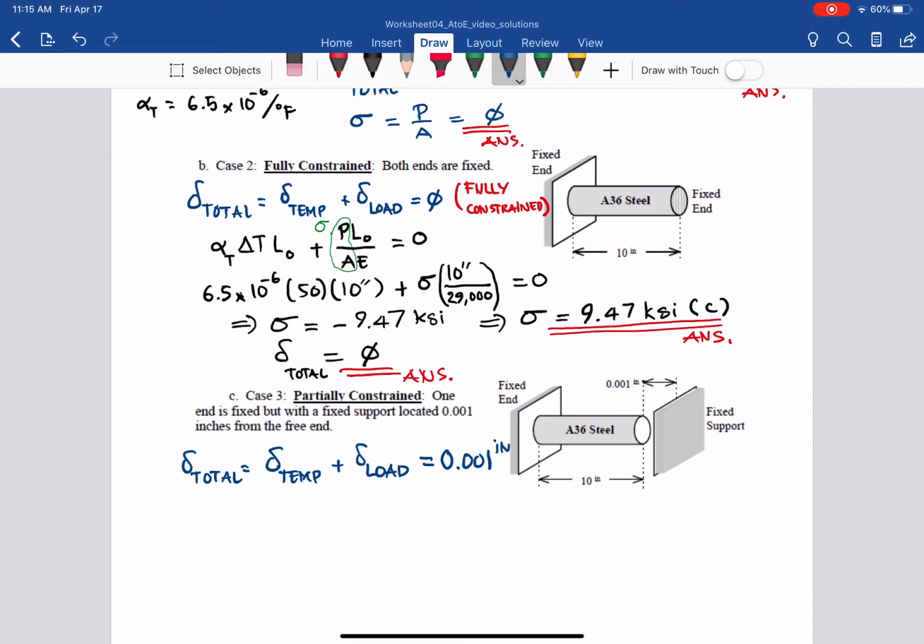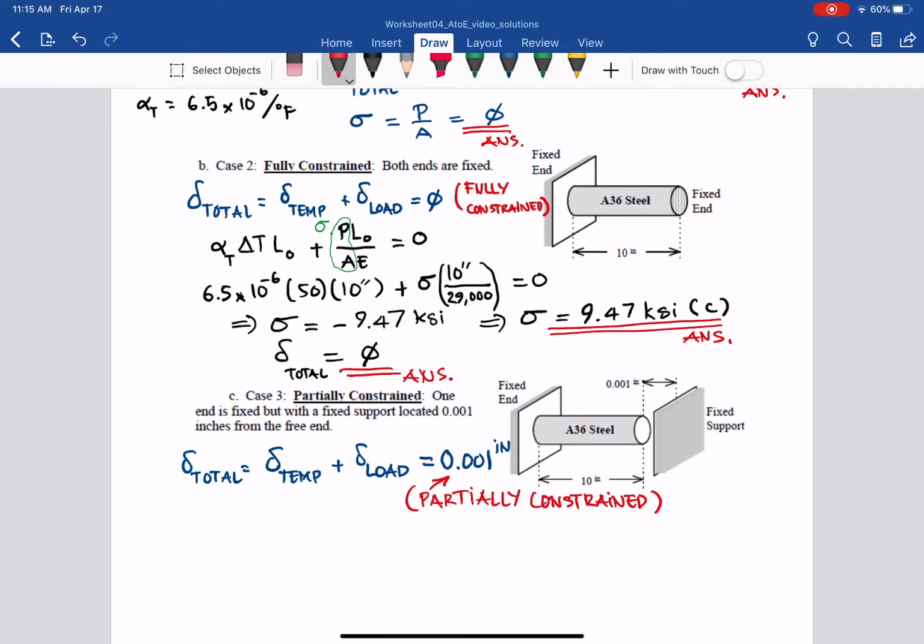And why? Because that is the partially constrained case.